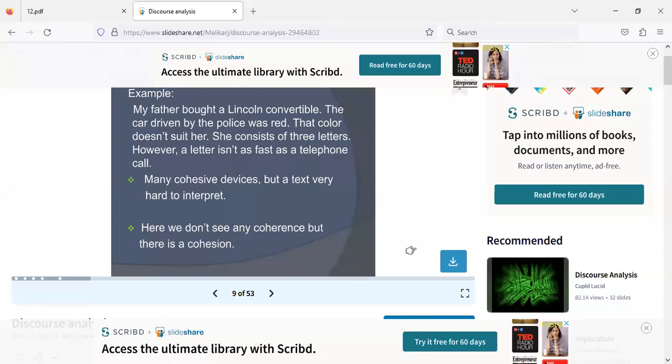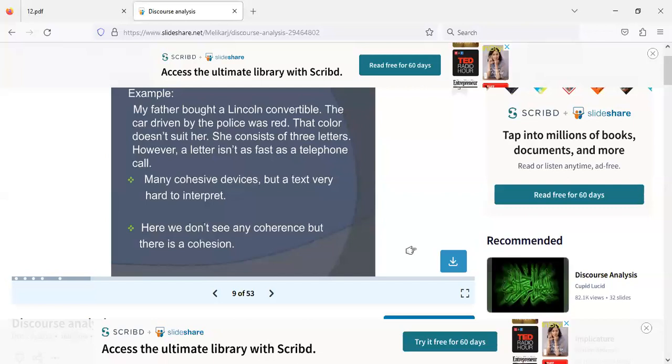Can we find the grammatical kind of relationship? That color, madam. They have used connectors also, but still we find it's very difficult to understand. It's not that each sentence is difficult. If you take each and every sentence, you may get an idea, but as a whole, you don't get a kind of meaning. So what is lacking there?